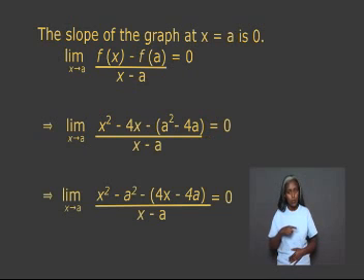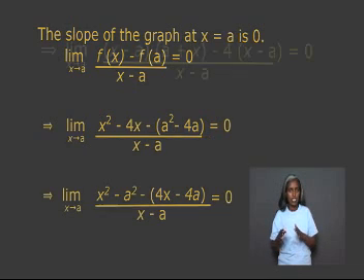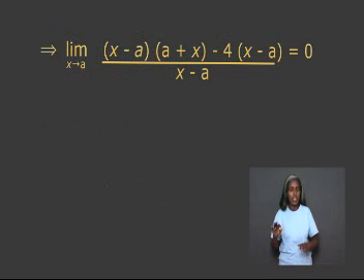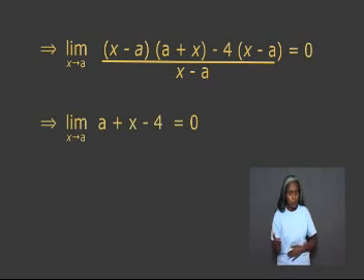We rearrange the numerator and factorize the terms. After canceling like terms, the expression becomes the limit of a plus x minus 4 as x approaches a equals 0.